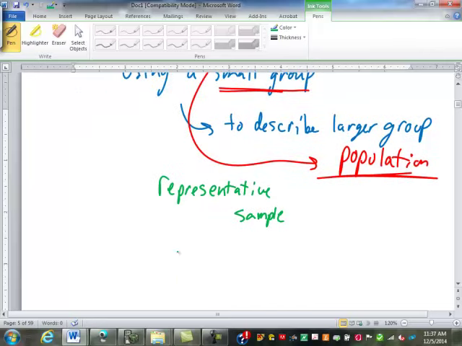A representative sample means it has the same properties or same characteristics as that population. So if 1/3 of the people in the population prefer a certain candidate, then about 1/3 of the people in the sample should support that particular candidate to make it a representative sample.